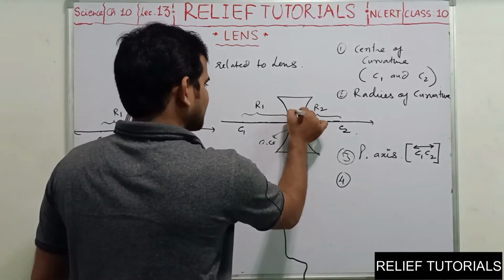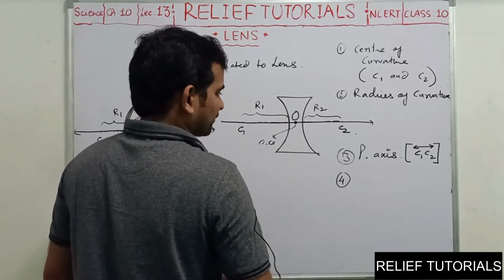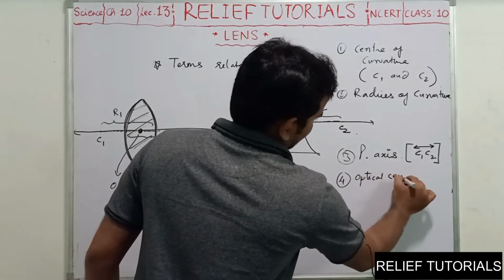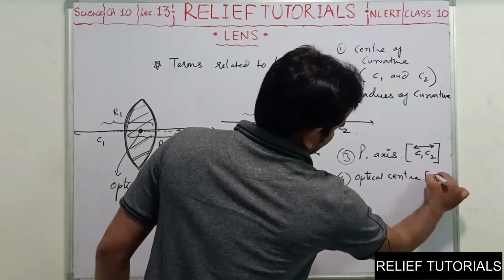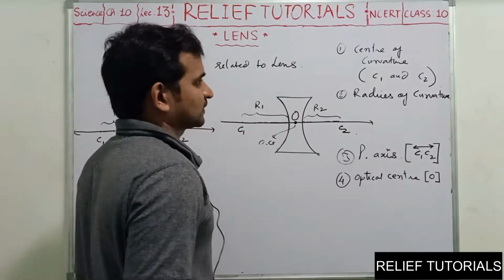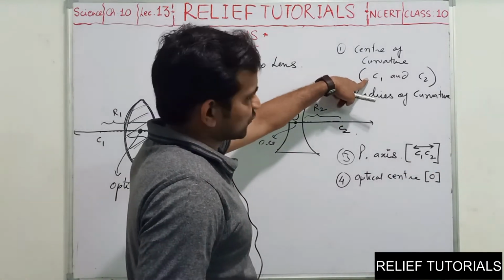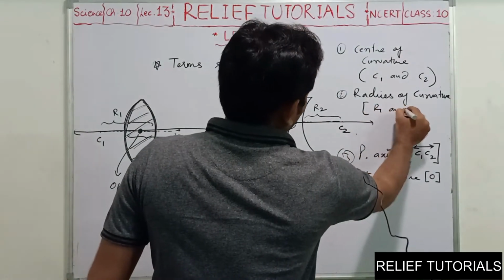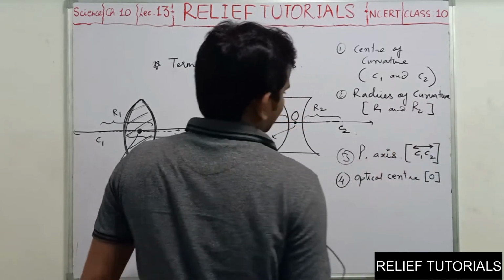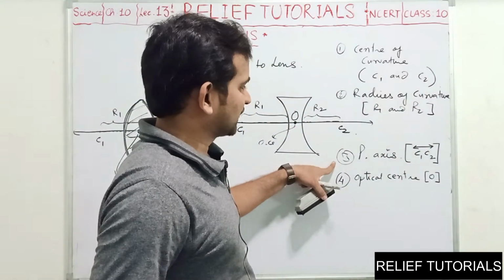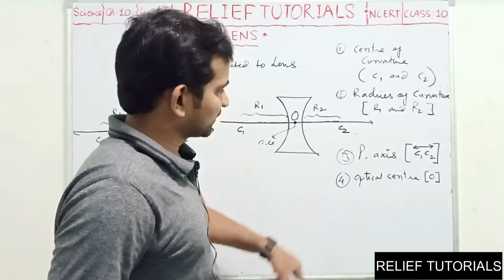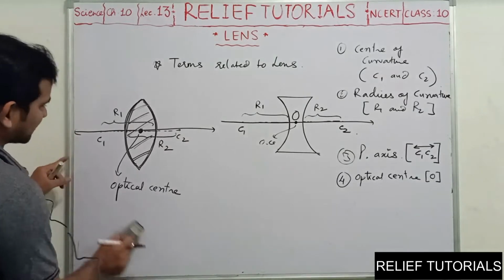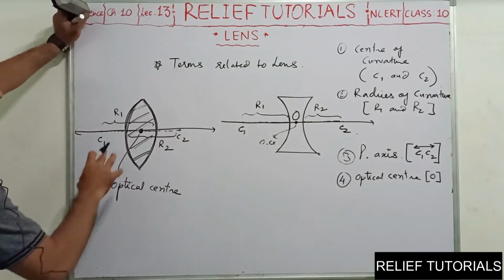Symbolically, optical center is represented as O. So the fourth term to be remembered is optical center O. Center of curvature C1 and C2, radius of curvature R1 and R2, principal axis is the imaginary line C1, C2, and optical center is O.